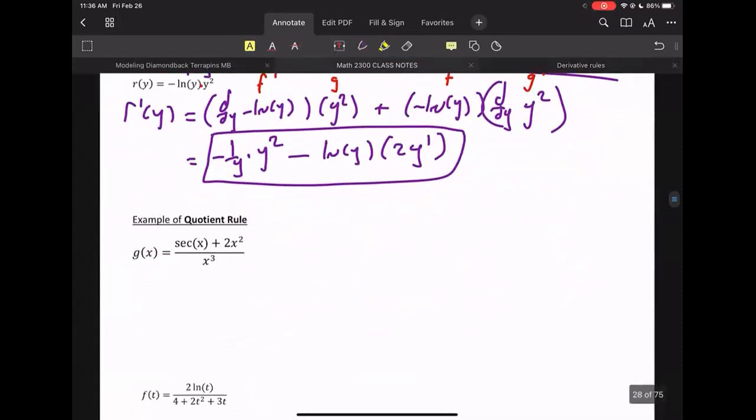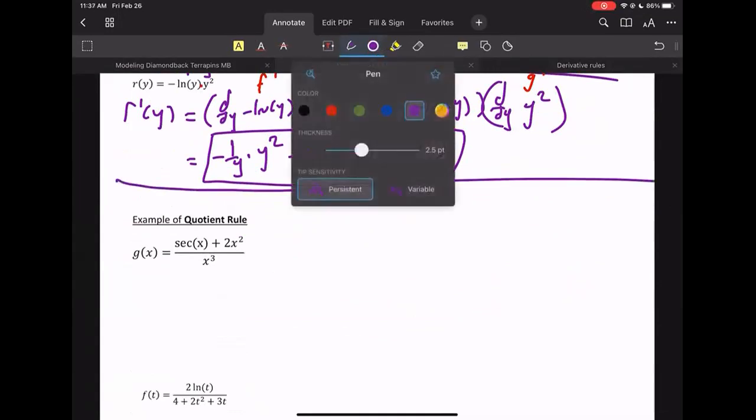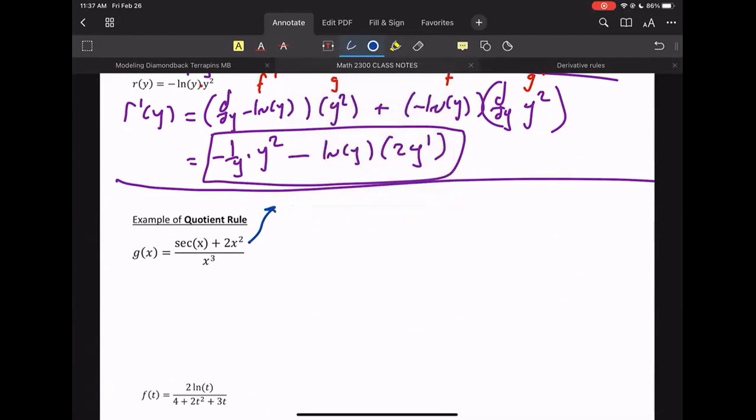And we want to use the quotient rule. So here, we're going to use the quotient rule. And again, we want to identify in the rule, what's the f and the g? So we're going to use the quotient rule with f being the numerator, so that entire top.